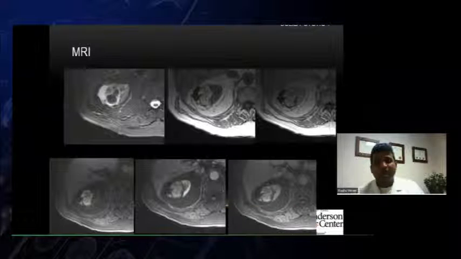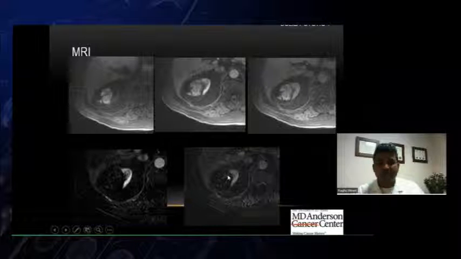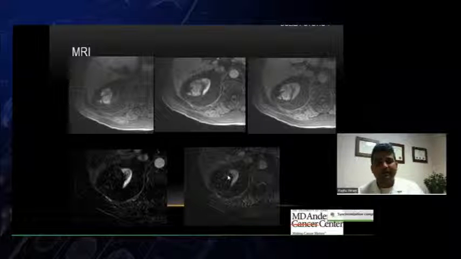But once you do subtraction, you understand that there is no enhancing component, so you can say that there is no recurrent disease. This is a great problem-solving tool. I'm not saying you need to have MRI in all these cases, but in those cases where you're really struggling, you can use this as one of the tools if it is available.